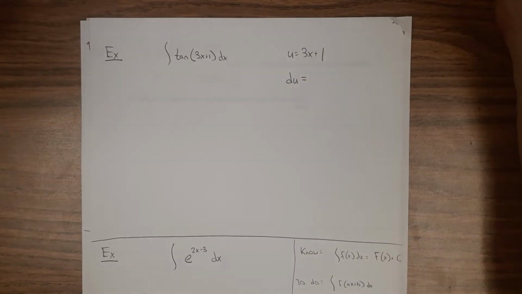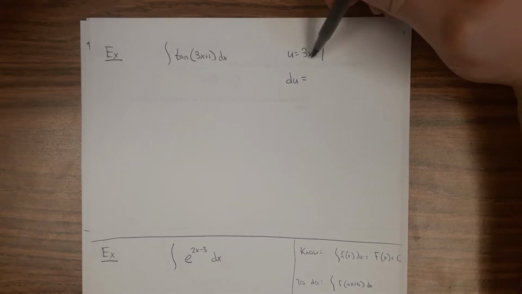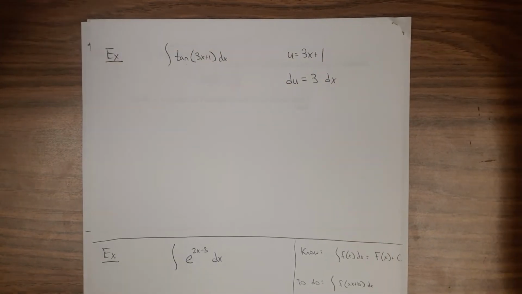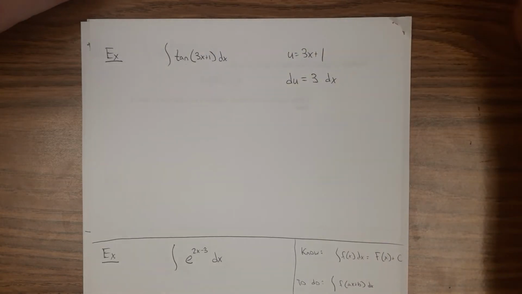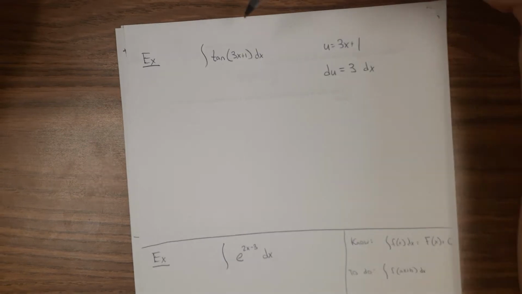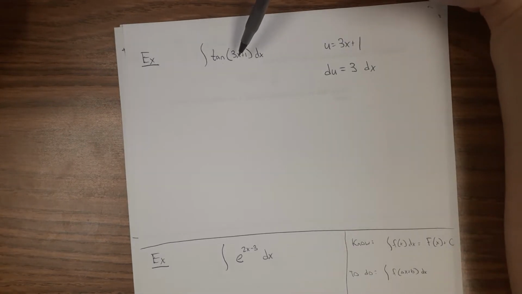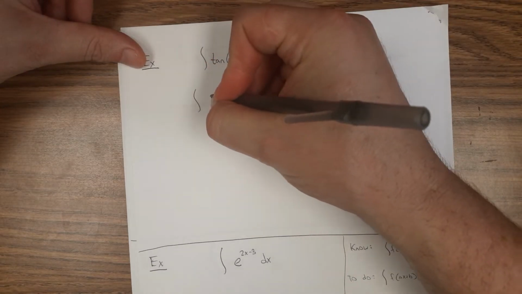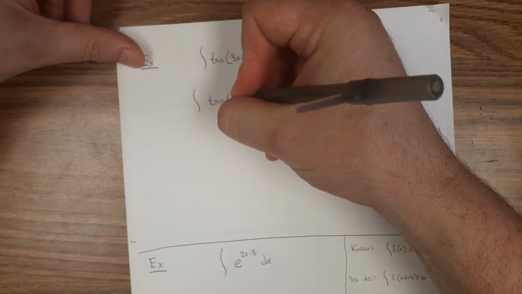Part of that is involving du, so let's go ahead and do that. The derivative of this is just 3, and then I'll write it dx. Now let me complete the substitution. And part of this is obvious as usual. The whole reason why I called this u is because I see this here, so I can just say this is tan u.